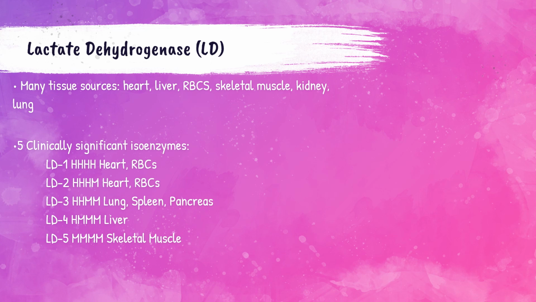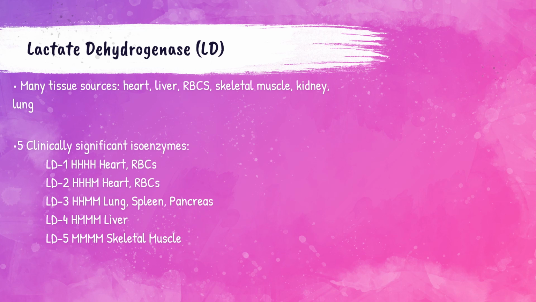LD3, which is also called HHMM, is located in the lung, spleen, and the pancreas. LD4, which is also called HMMM, is located in the liver, and LD5, which is, you guessed it, MMMM, and this is located in the skeletal muscle.